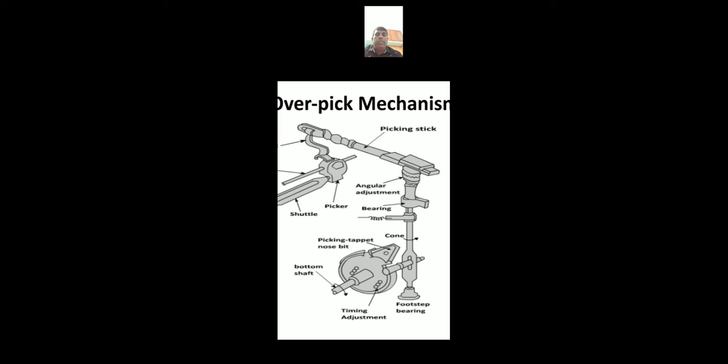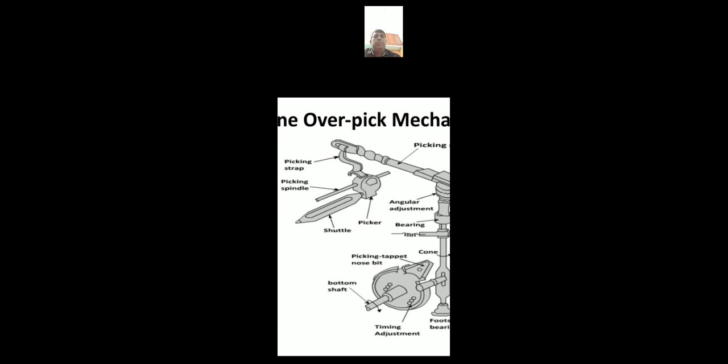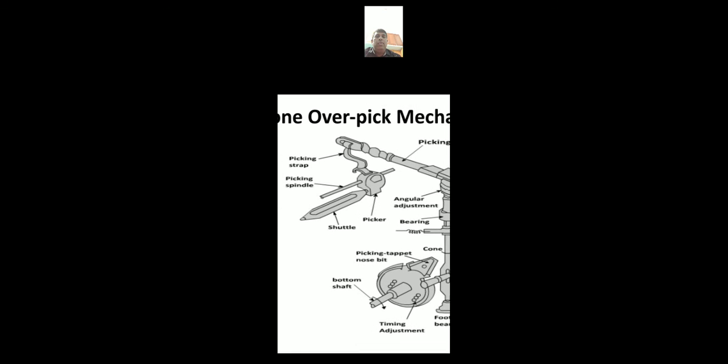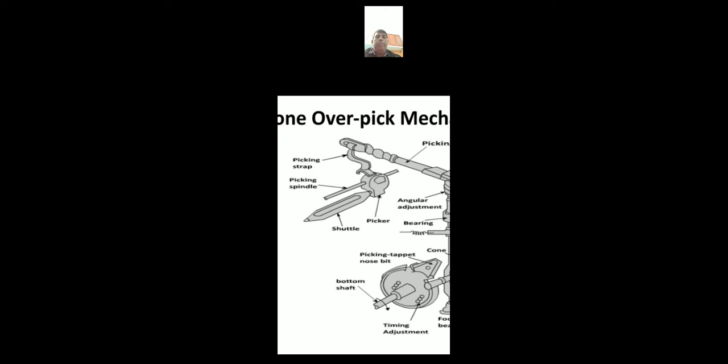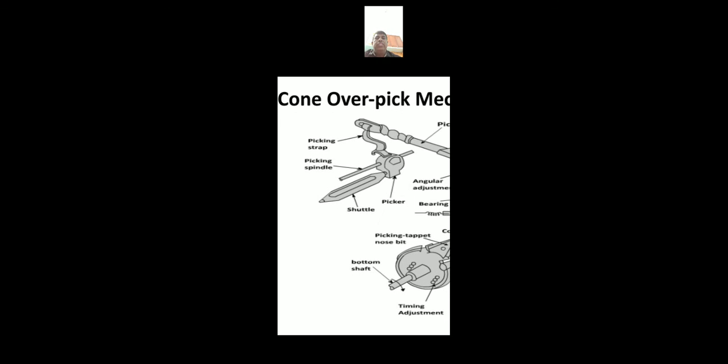And see the footstep bearing and spring, angular adjustment. In the angular adjustment, the top one is known as the top corrugated plate and the bottom one is known as the bottom corrugated plate. Please see the picking stick and picking strap, picking spindle, picker and shuttle.